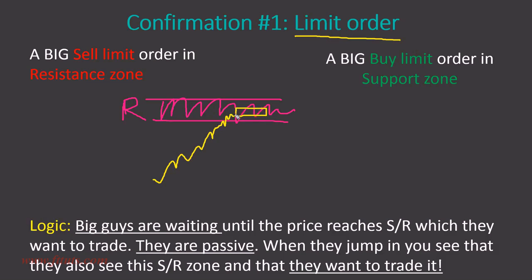So when a big limit order appears in here in the resistance zone, you know that some big player knows about this resistance zone and that they are interested in trading it.